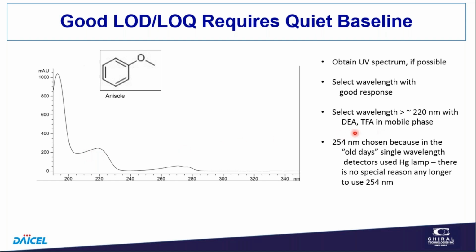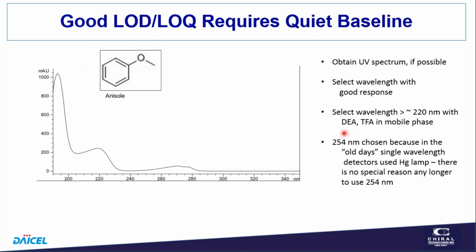If you have things in the mobile phase, such as diethylamine or trifluoroacetic acid, they can cause some disturbance of the baseline, some background response. And I think you've probably observed that with TFA in the mobile phase, below a wavelength of 220 or something like that, the baseline is a little noisier than it is at longer wavelengths.